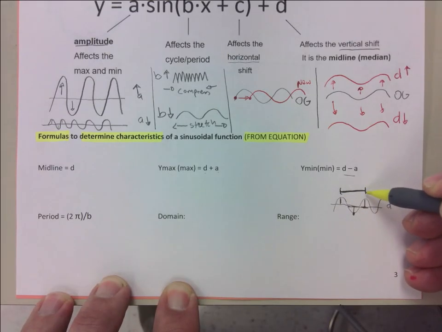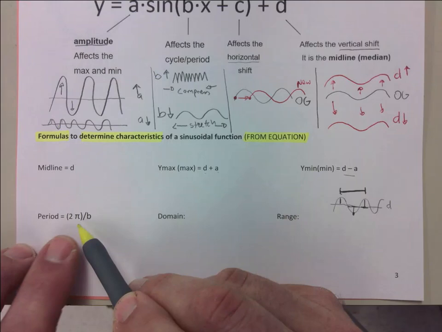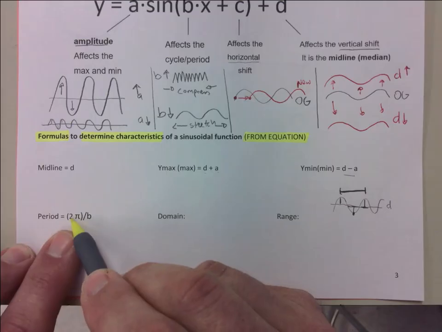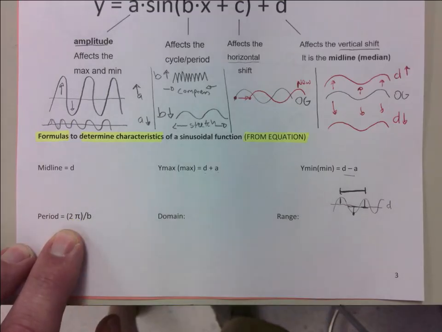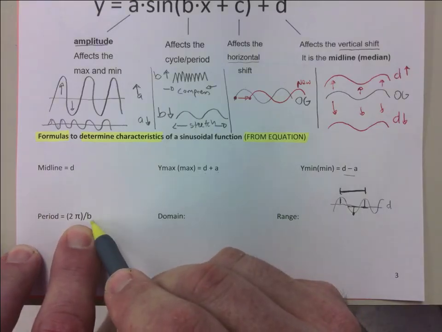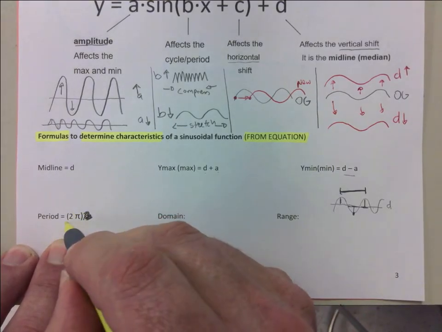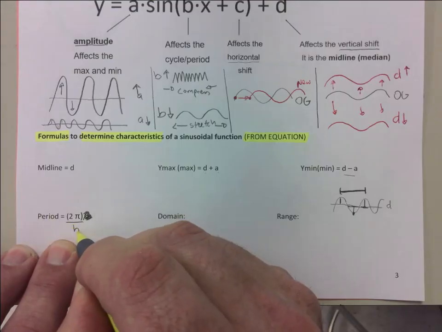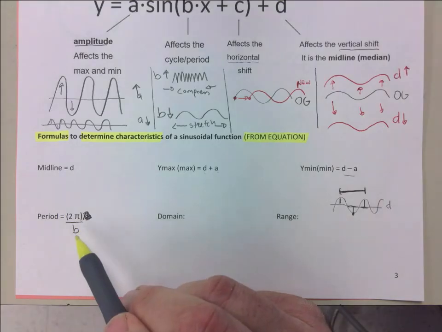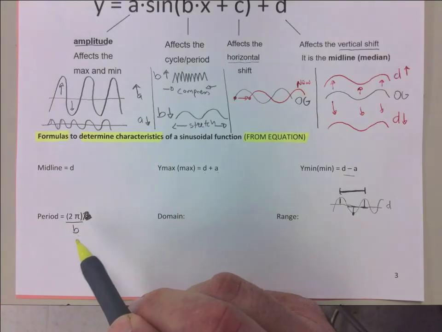But if you don't have a graph, you can find it using this formula right here. It's 2 times pi, 2 times 3.14156 and something, divided by whatever B is. So if you don't want to have the B there, then just put the B underneath. This is probably one that isn't as self-explanatory, but this is true. This is how to find a period.